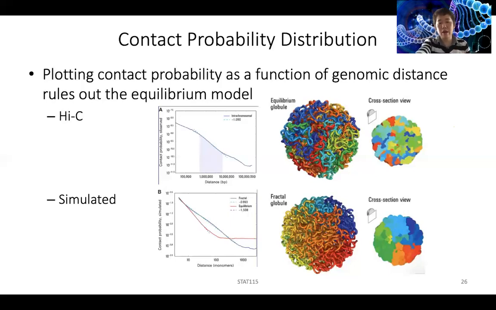Also, as we mentioned, we're trying to package 44 miles of yarn into a basketball. If you don't have the correct packaging, at the end you could have a loop that gets stuck in another loop. You can imagine if you have a long yarn and you try to open it up, you will go crazy, right? So forming this type of fractal globule makes sure that things are still roughly organized in chunks.